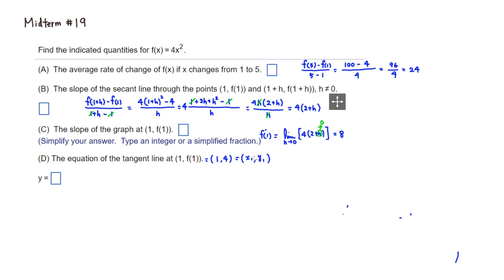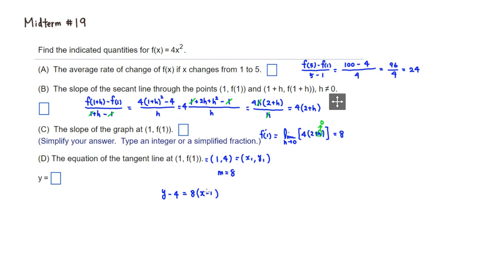We already found the slope from part C, so m is equal to 8. By using the point-slope form, we get y minus y1, which is 4, equals m, 8, times quantity x minus x1, which is 1.